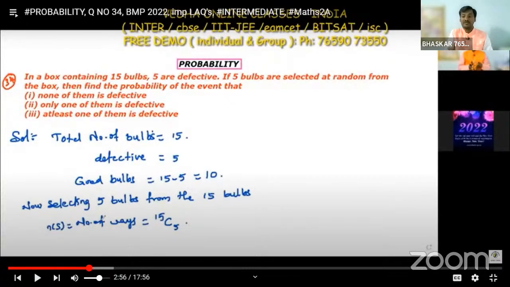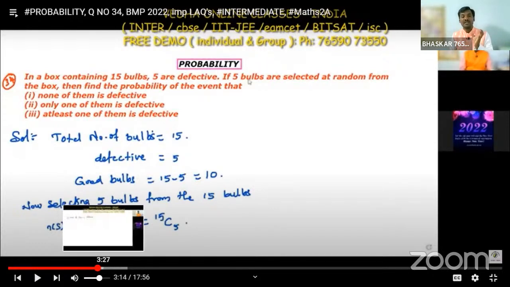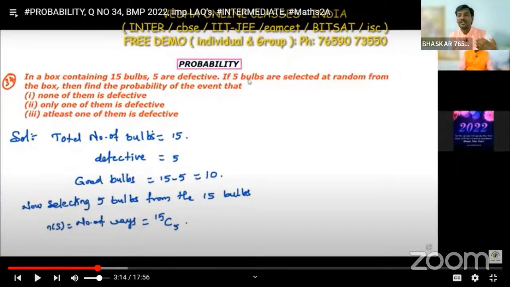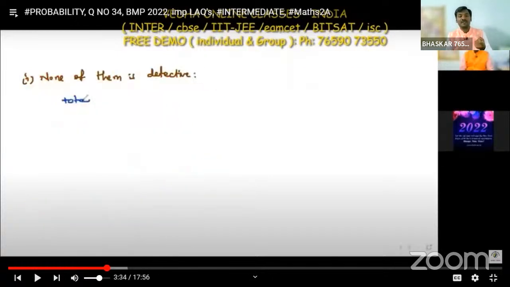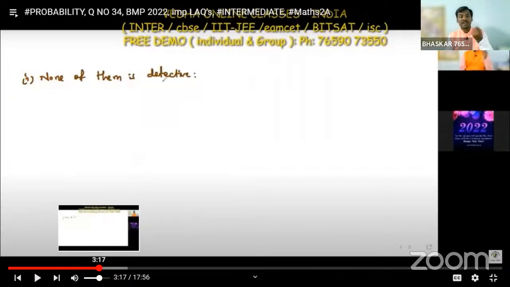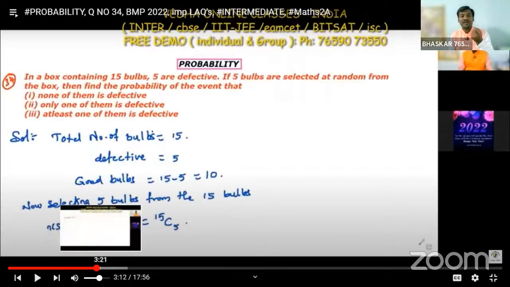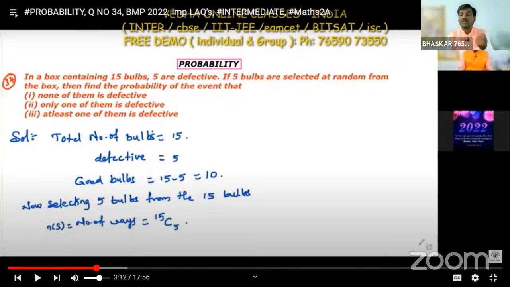How many ways are there? The total number of ways for selecting 5 bulbs from 15 bulbs is 15C5, always remember. 15C5 gives you the total number of ways.